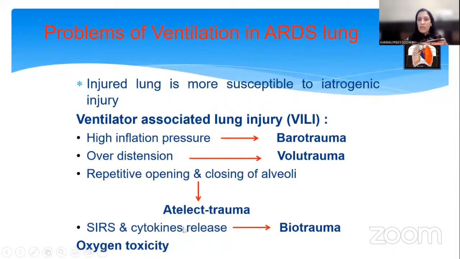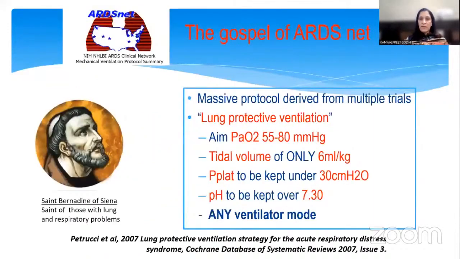So please do remember all these terms while ventilating a patient with ARDS: barotrauma, volutrauma, atelectatic trauma, and biotrauma. Also, since we are ventilating at high FiO2, oxygen toxicity is another theoretical possibility of ventilation in ARDS.